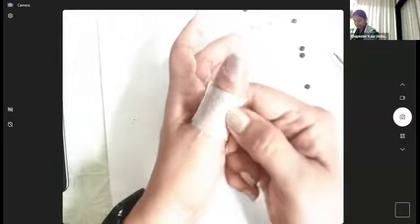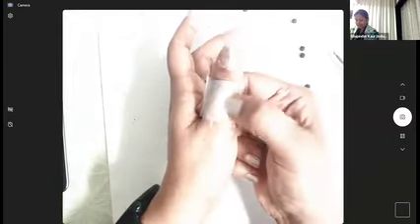Okay. So now you can check the chain, whether it is in a straight line or not, like this. And if your paper tape is loose, then these fenugreek seeds cannot create pressure on the skin.